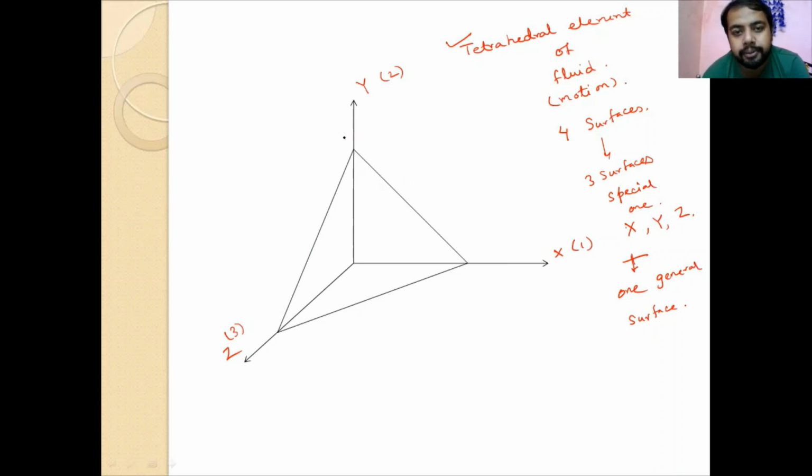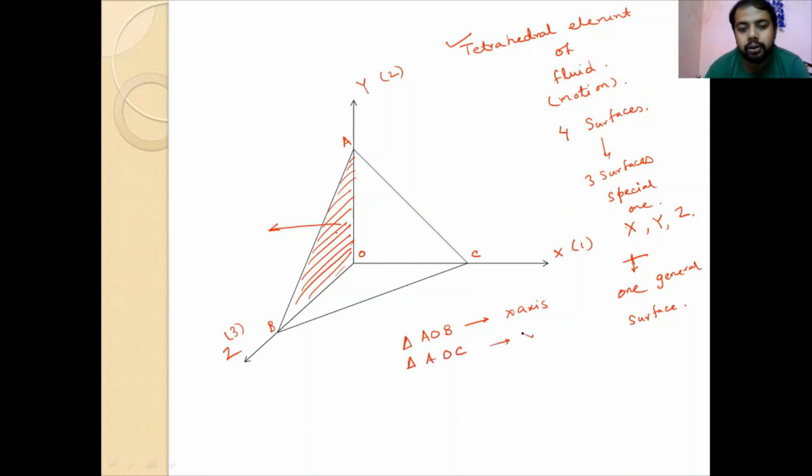What are the special surfaces? If you name the vertices A, B, C, and O, this AOB surface is a special surface, because if you draw a normal line from this surface, it will be along the x-axis. Similarly, the surface AOC has its normal along the z-axis, and BOC along the y-axis.